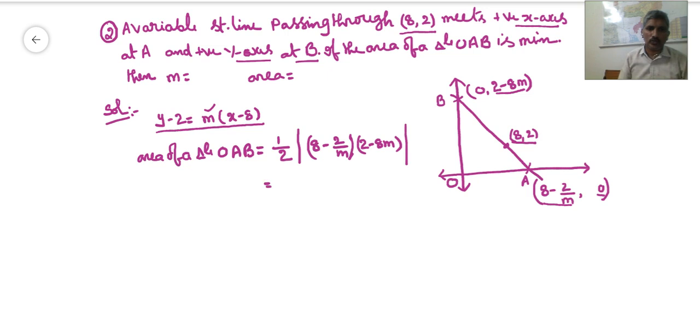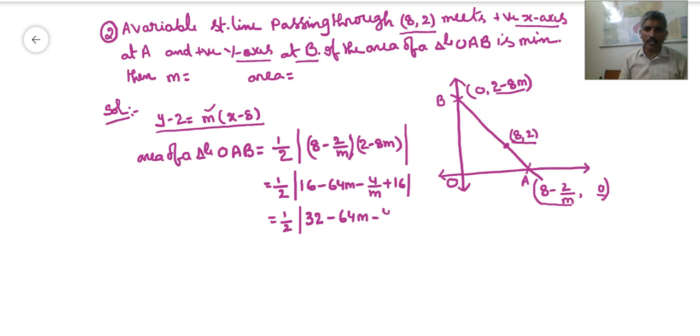Now simplify this one. This is equal to 1 by 2 into modulus of (16 minus 64m minus 4 by m plus 16). Right? So that is equal to 1 by 2 into modulus of (32 minus 64m minus 4 by m).